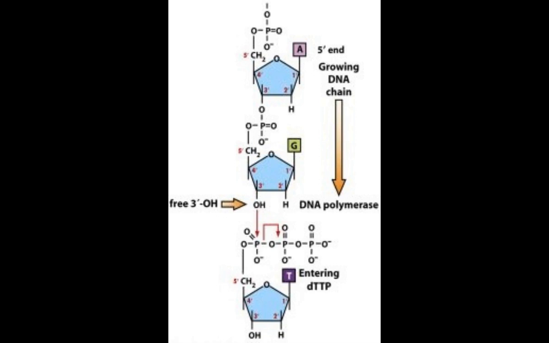Those phosphate groups are used to bridge the gap between the 5' carbon of an incoming deoxyribose sugar and the 3' carbon of a deoxyribose sugar at the end of a pre-existing polynucleotide chain.